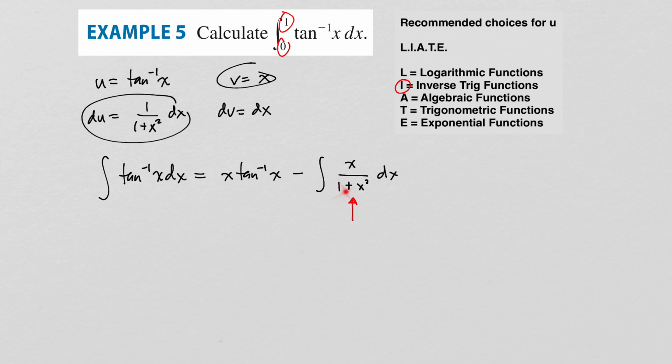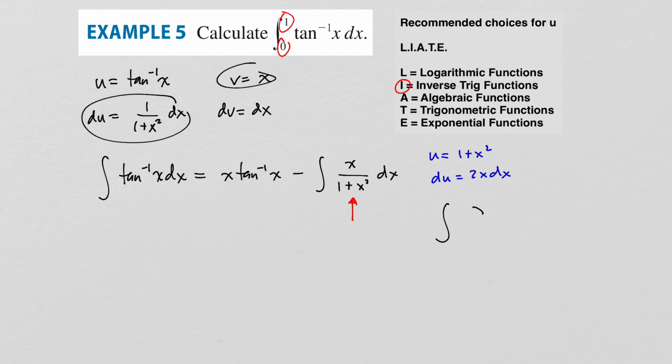And this is a simple integral. This is just a basic u substitution. So not integration by parts, just basic u substitution. If I let u be equal to 1 plus x squared, du will be 2x dx.